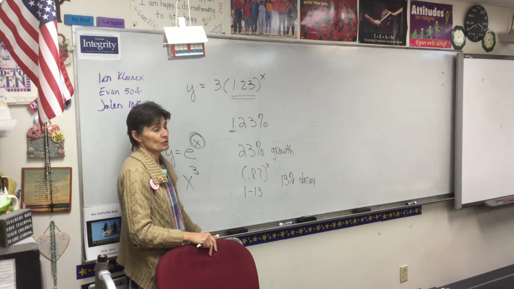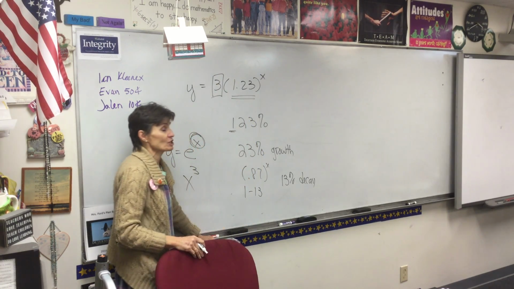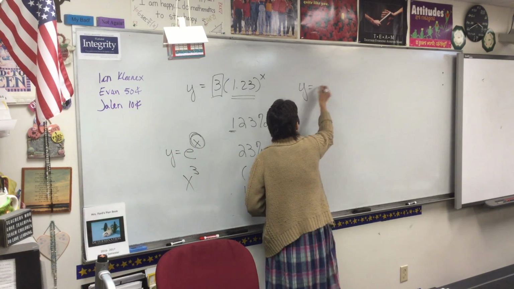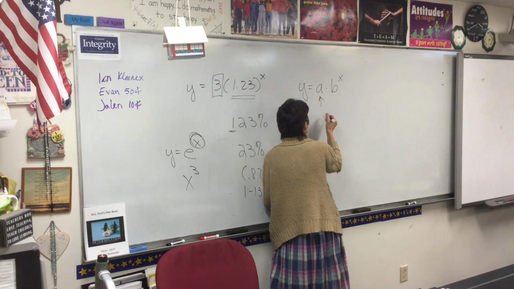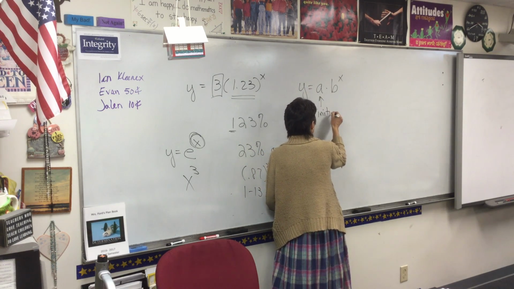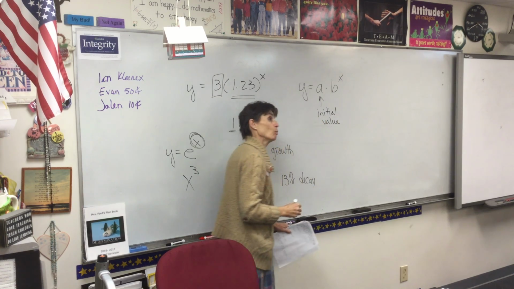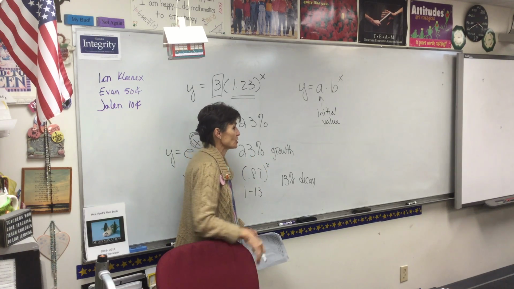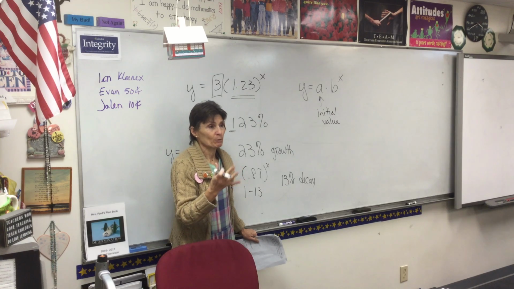The initial value is this guy right here. It's what we start with. An exponential is of the form a times b to the x. A is your initial value, always. So later on we'll be doing some word problems, and we'll have a city whose population is 2,000, and it's growing at 8%.